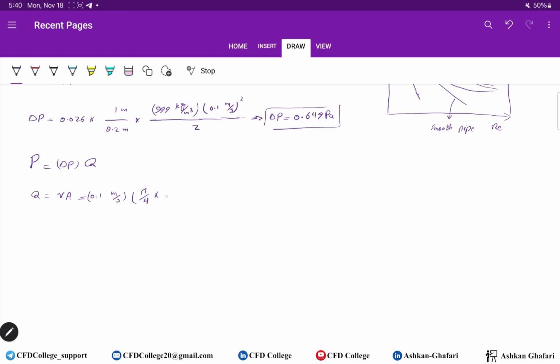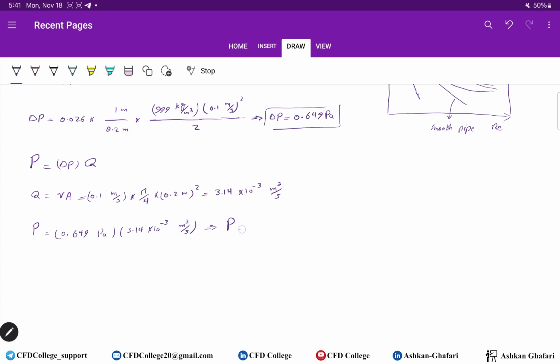Pi over 4 times 0.2 meters squared, which is equal to 3.14 times 10 to the minus 3 cubic meters per second. So power equals 0.649 Pascal times 3.14 times 10 to the minus 3 cubic meters per second.